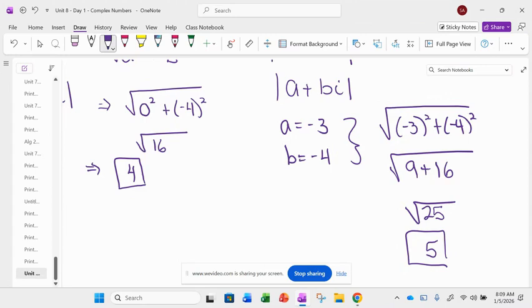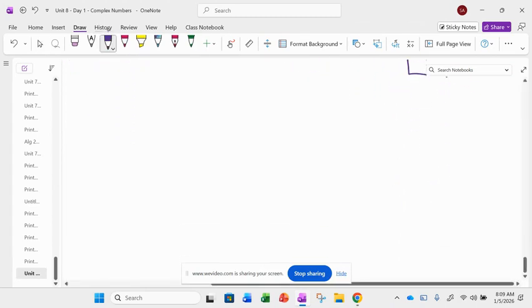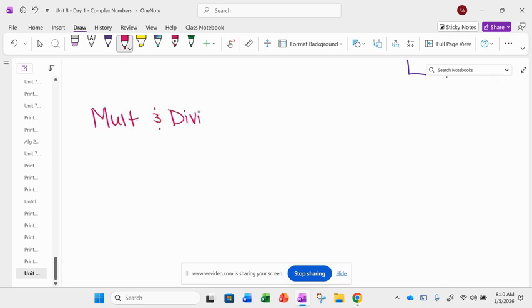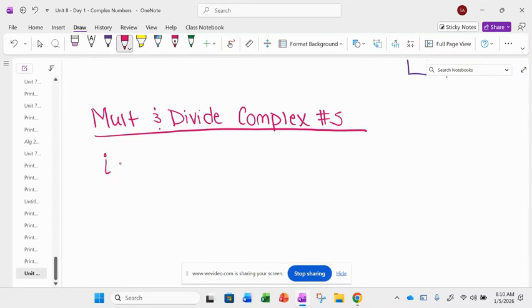We good? All right. Last thing we're going to talk about today is multiplying and dividing. Okay, just to recap, i is the square root of negative 1 and i squared is negative 1.